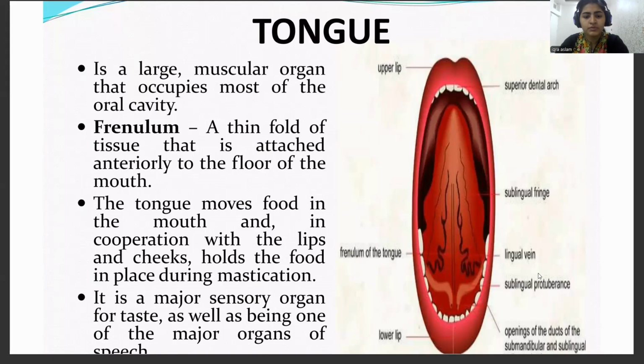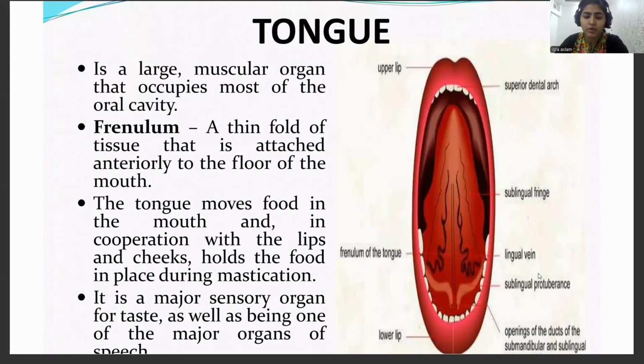The tongue moves food in the mouth and cooperates with the lips and cheeks to hold food in place during mastication. As you know, when we eat food, the tongue helps us very much, and we can taste with the tongue and we use it when we speak.